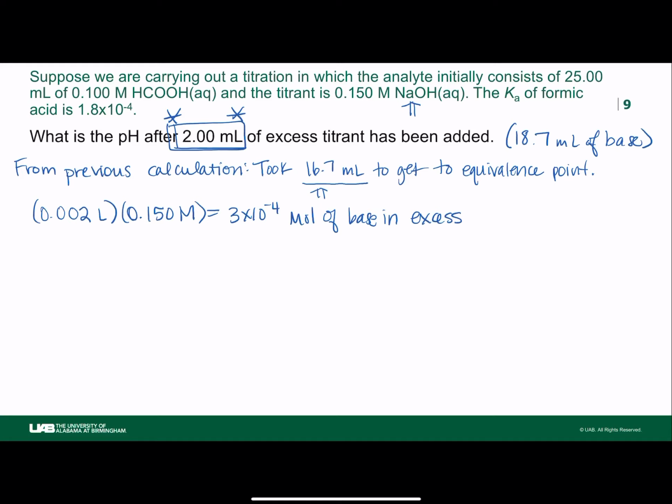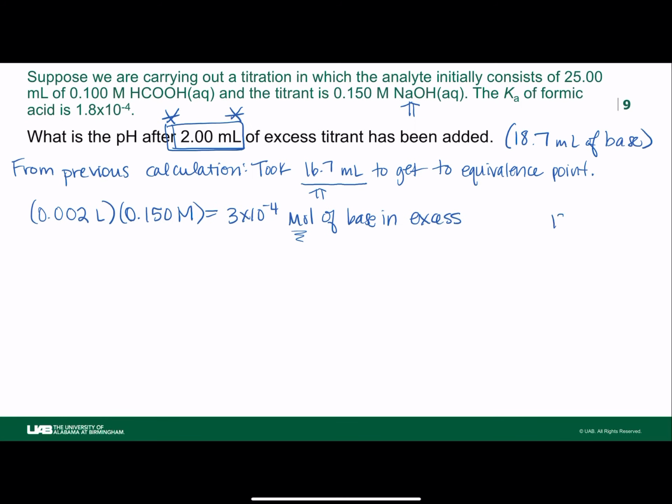Now I can't get to either pOH or pH with moles. I need a molarity value. So I need to remember that right now I've added 18.7 milliliters of base, and I started with 25 milliliters of acid to begin with.